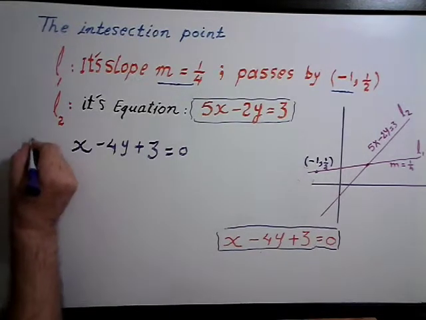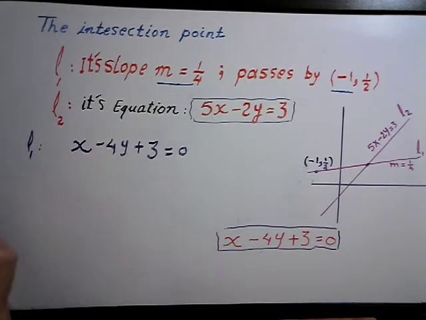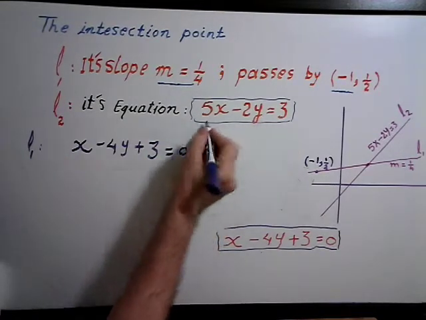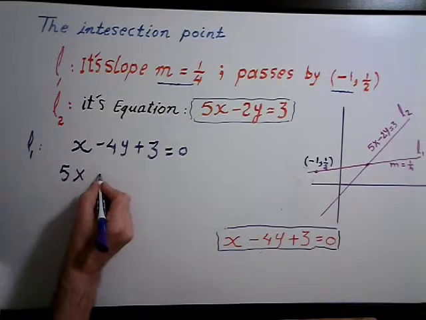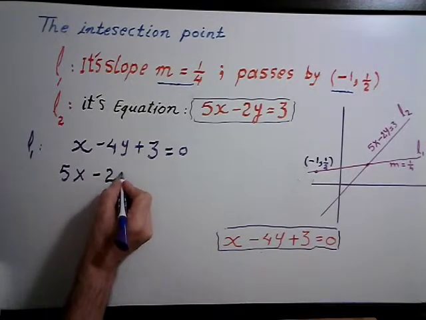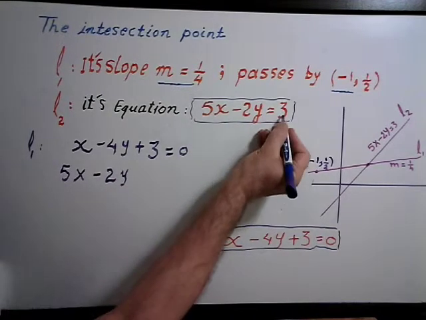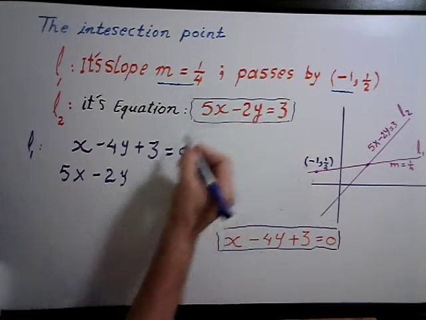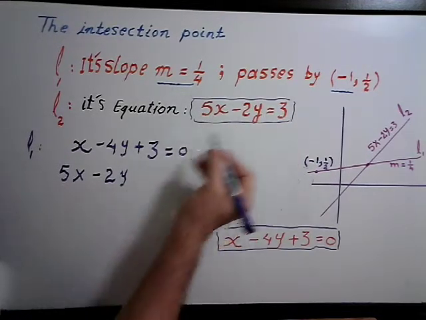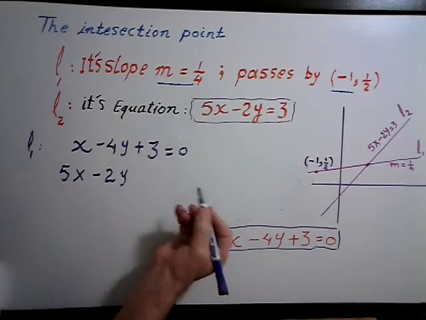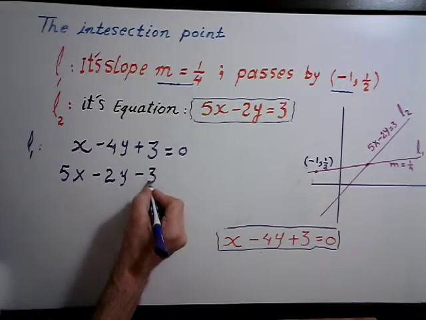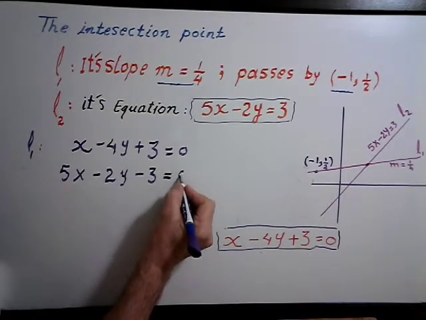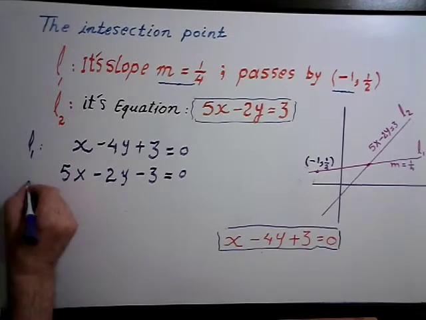This is L1. And L2 is 5x minus 2y, and this 3 can be moved to the same side as the other terms, changing its sign, so it will be negative 3 is equal to 0. This is L2.